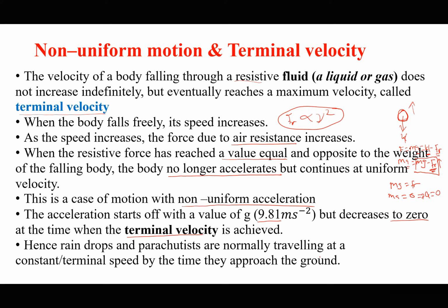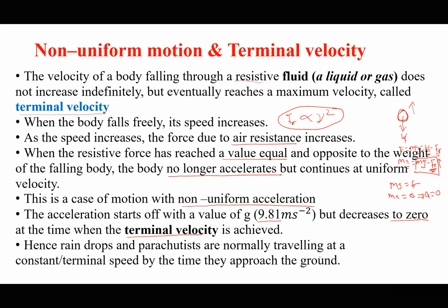So a parachutist will accelerate and reach a constant speed, and then will reach the ground with this constant speed. Normally, the speed is good enough for the parachutist to land without harming themselves. That is what we mean by non-uniform motion or non-uniform acceleration.